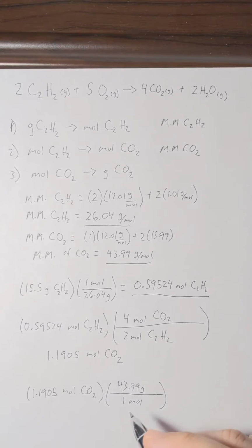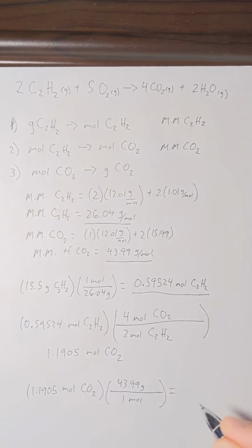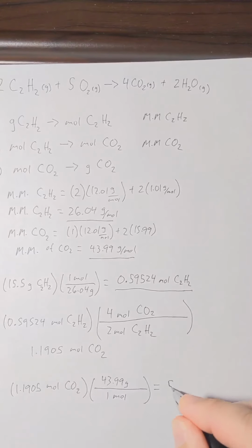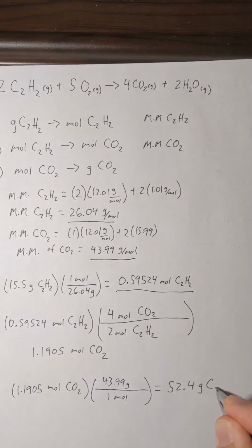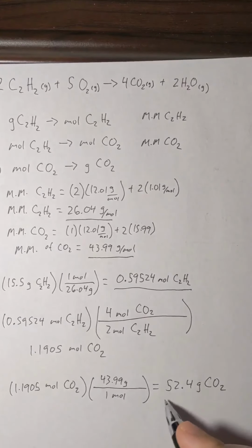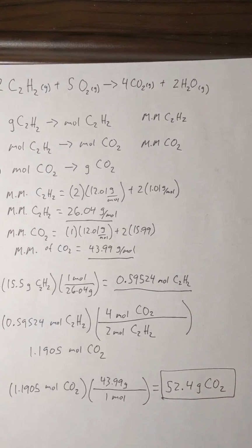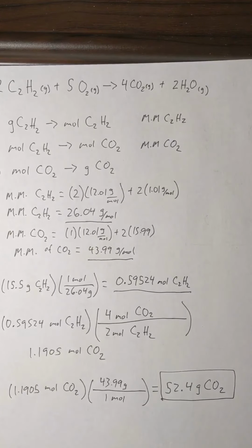And so we put this calculation into our calculator, and we're going to get out our final answer of 52.4 grams of carbon dioxide. That's how much CO2 that we'll make after we burn our acetylene.